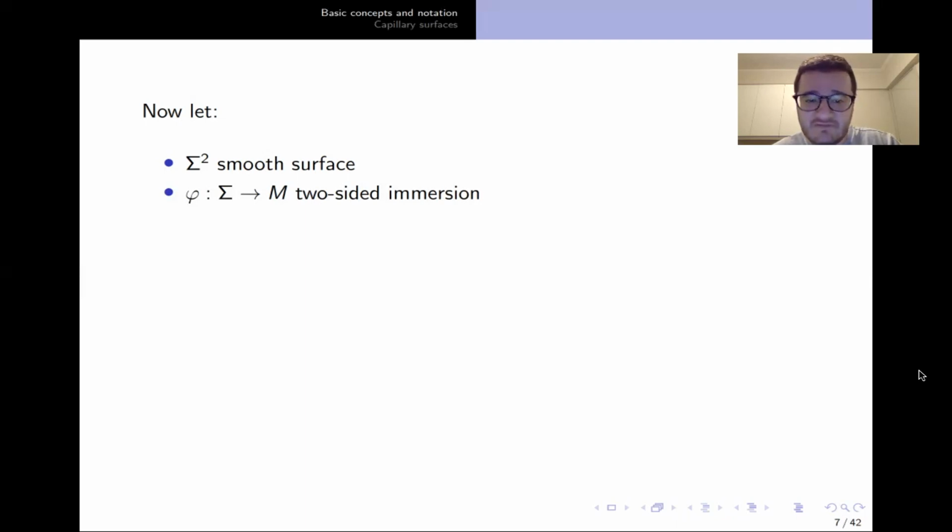By two-sided, I mean that the normal bundle of this immersion is trivial, which means that there exists a globally defined unit normal vector field N for Σ along φ. So for every point p of Σ, N(p) is orthogonal to the tangent space of Σ via φ.